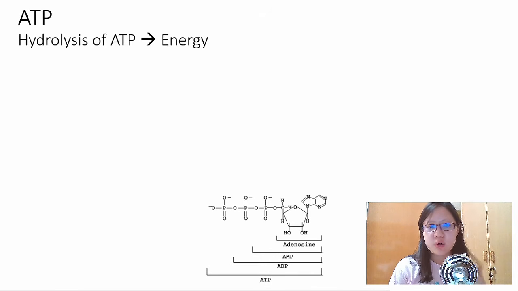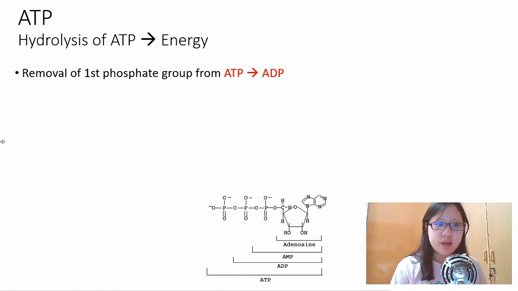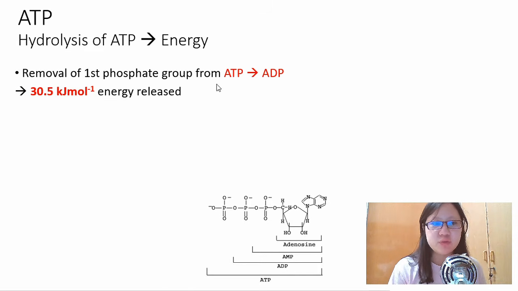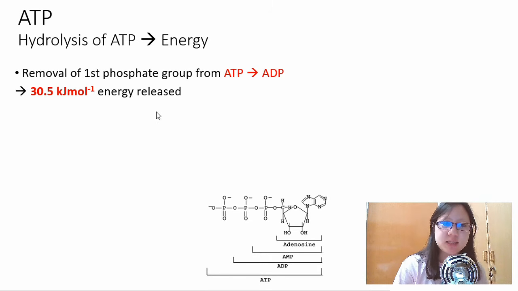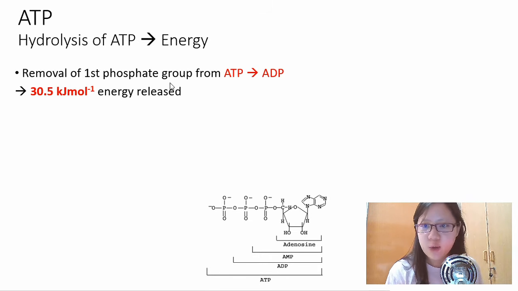Now, just now we saw that the removal of one phosphate group from ATP will result in ADP, which results in an energy release of 30.5 kilojoules per mole. Now you may be asking, can we remove a second one and the third one from ATP as well? And the answer is yes, you can.